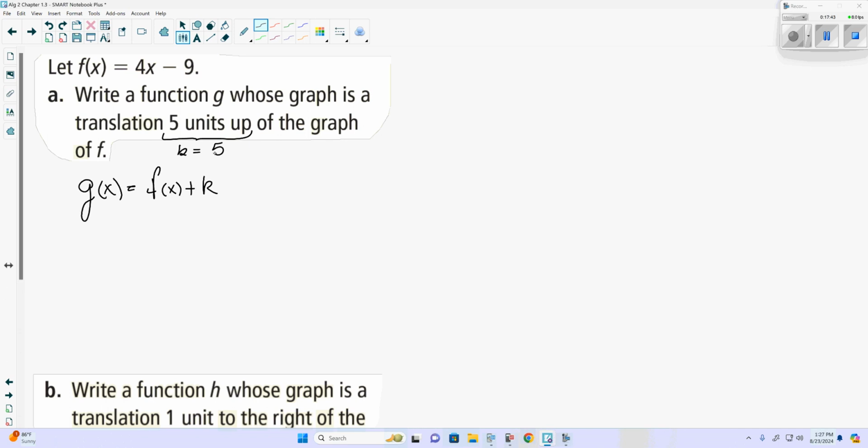Specifically, it is positive 5, because up 5 would be positive 5. We have plus 5. Now we can put it in parentheses if we want, or we can leave it like this. Either way works. Because if I put it in parentheses, we have plus parentheses 5, close parentheses. We drop it, we have plus 5. Doesn't make a difference.